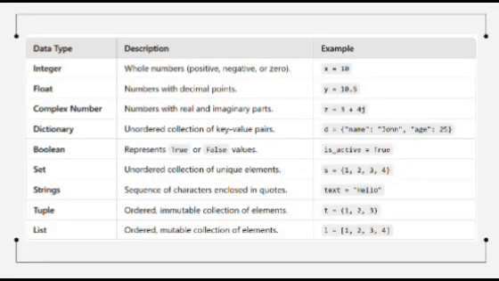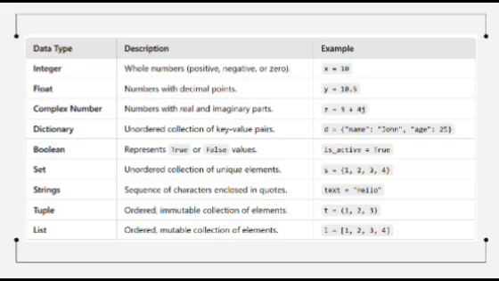Integer means whole numbers, positive, negative, or zero. So integer means negative x-axis to positive x-axis, and y equal to 0. Numbers with decimal points are called float numbers. Numbers with real and imaginary parts are called complex numbers. With only imaginary parts, it's called the imaginary part.